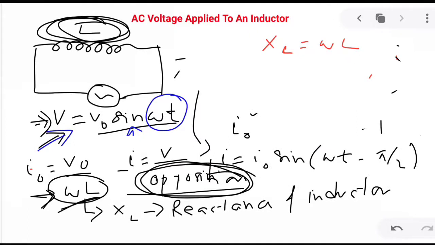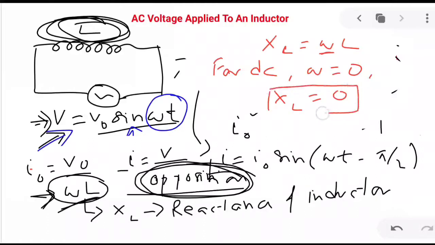Now for DC, angular frequency is 0. If angular frequency is 0, that means XL is equal to 0. That is no opposition. So if this source is replaced by a DC source, then this inductor is not going to oppose the DC source.